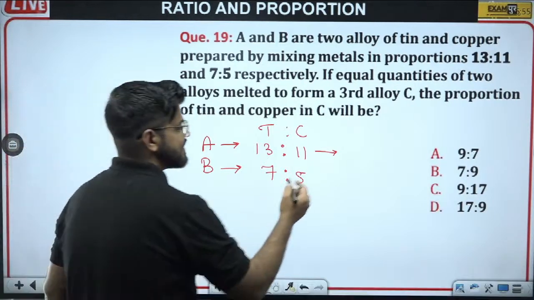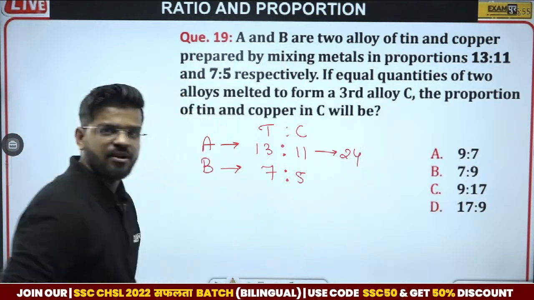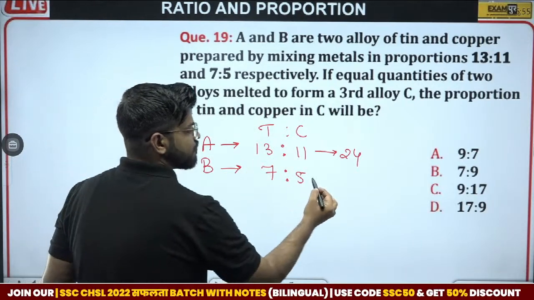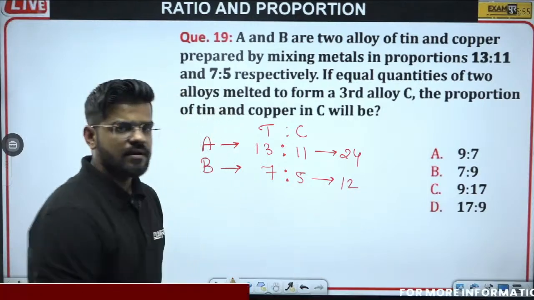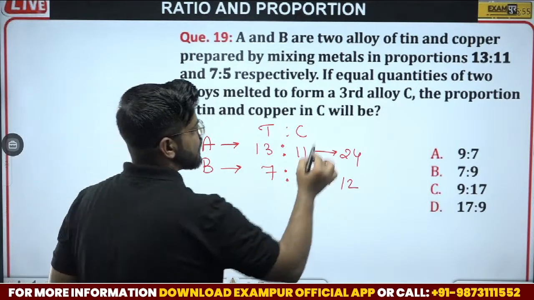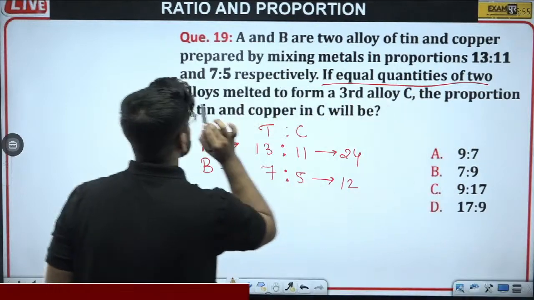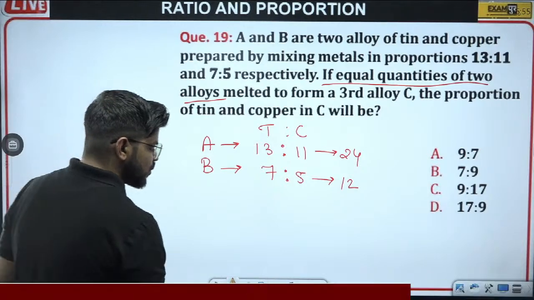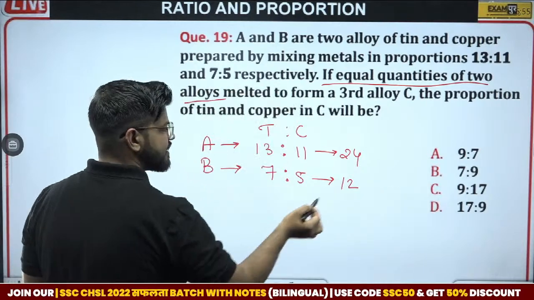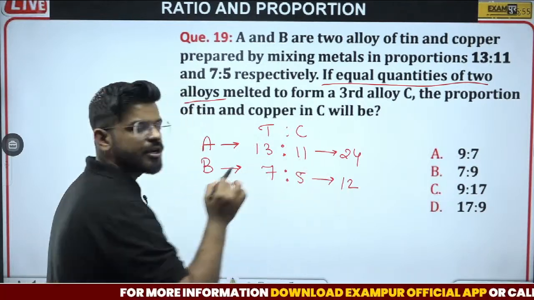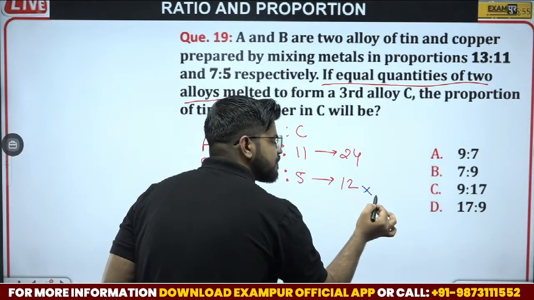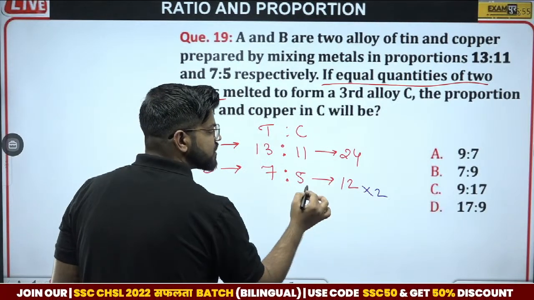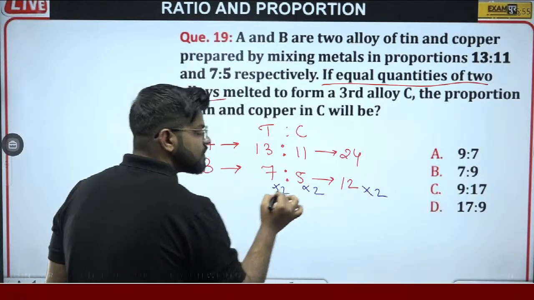So here we will get how much? 24, right? 13 plus 11 is 24. And here it is 12. Now in the question it is saying that equal quantities of the two alloys are melted. So you can easily say that if here it is 24, here it should also be 24. To make it 24, we have to multiply by 2, and if you multiply by 2, you also have to multiply the other terms by 2.